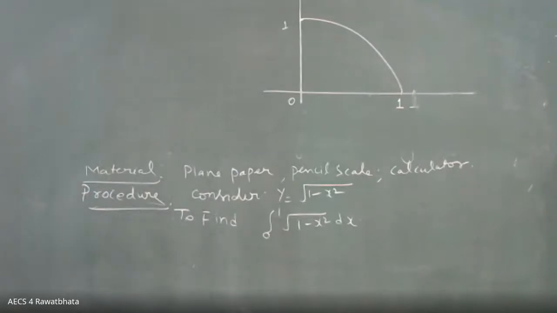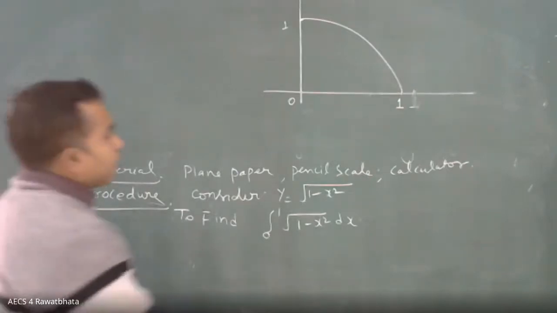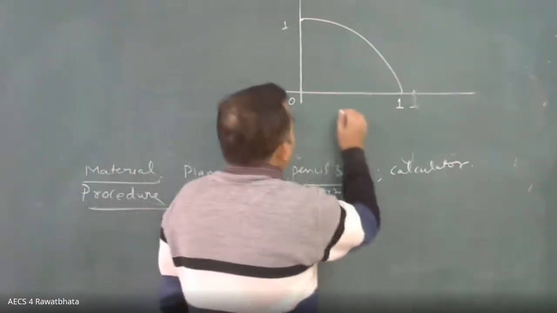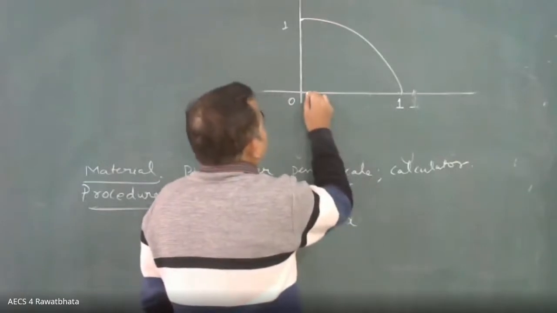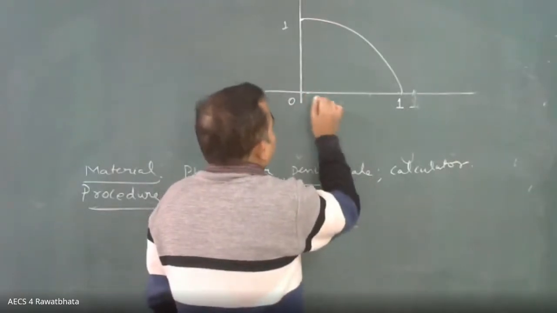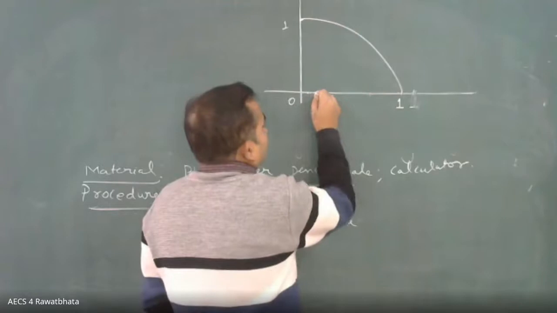Okay. Now what you do, you divide this 0 to 1 portion in equal parts, sub intervals. Suppose divide into 10 parts.